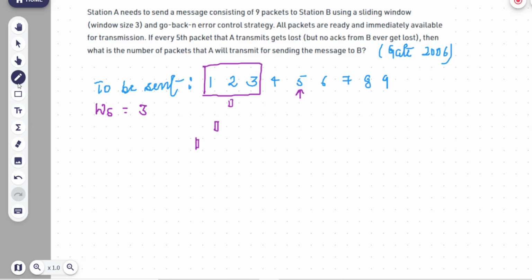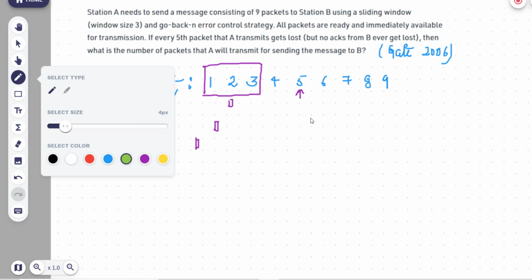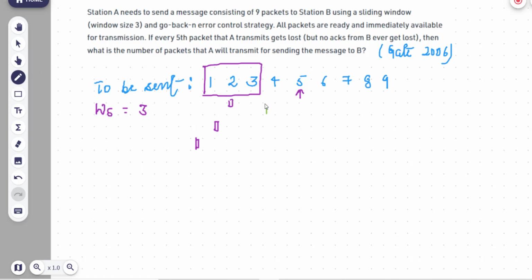As soon as we have got the acknowledgement for these packets, it has reached the sender, the window is going to shift by 1 and the fourth packet would be sent. So this is the concept. Now once we have got the concept, we can proceed with the question.